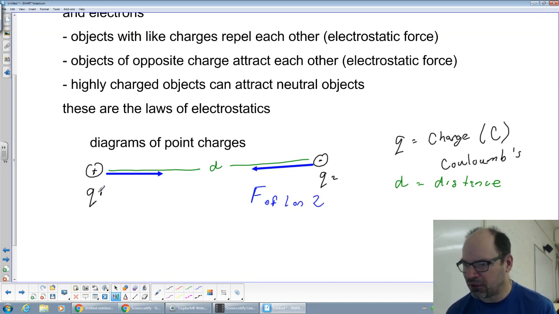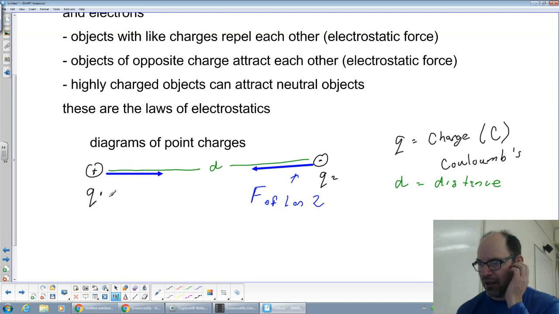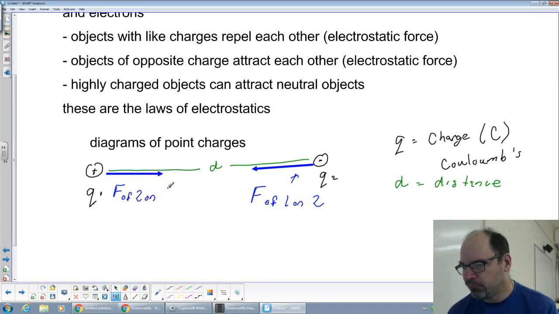So this object 1, charge 1 on 2, is this line right here, causing it to attract to it. And this one here is the force of 2 on 1. So that means we have that attraction in the middle. This one here is the force of this one pulling this one closer, and this force here is the force of this one pulling this one closer. So they're going to come together.